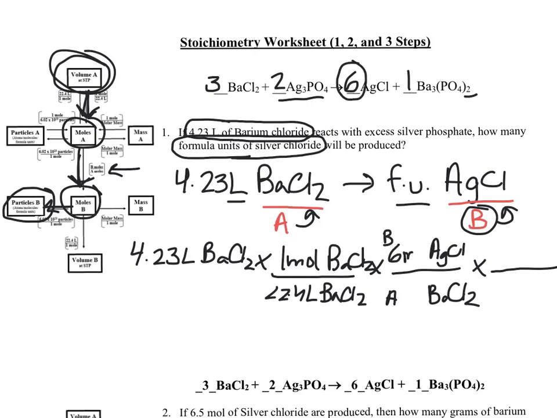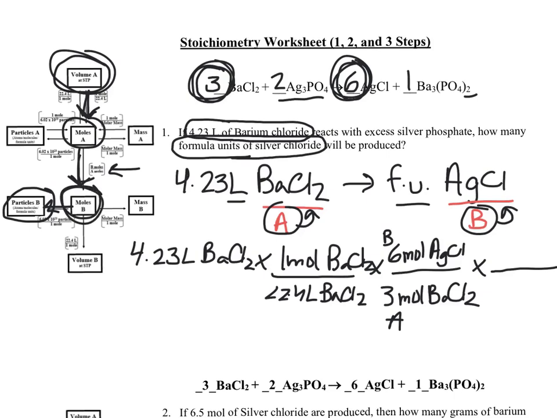So I'm going to say there's 6 moles of silver chloride for every 3 moles of A object, which is BaCl2. Let me erase this A so I have room to write. Again, B is always on top, A is always on the bottom. For the mole-to-mole ratio, we're just using our balanced equation. That's why we have balanced equations, right?